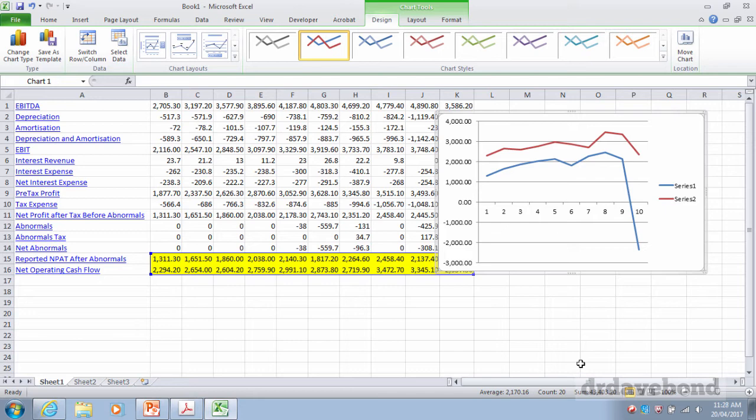What you'd be worried about is if you've got profit doing this and cash flow, which is always going to be slightly higher, keeping in sync, and then cash flow from operations starts to drop.